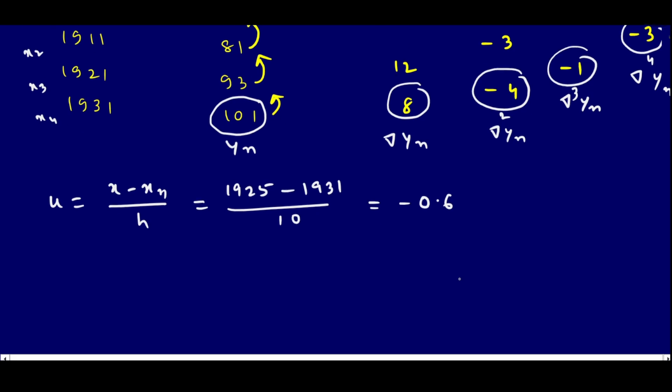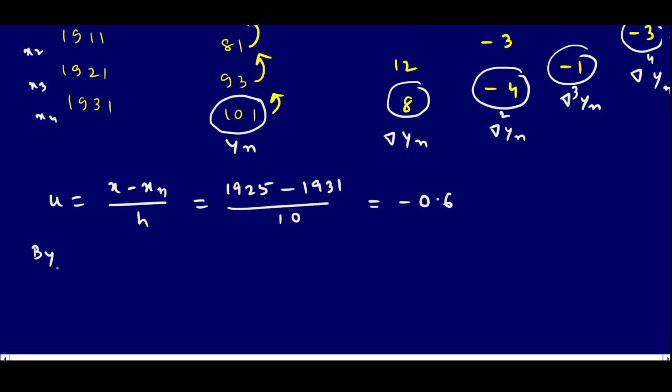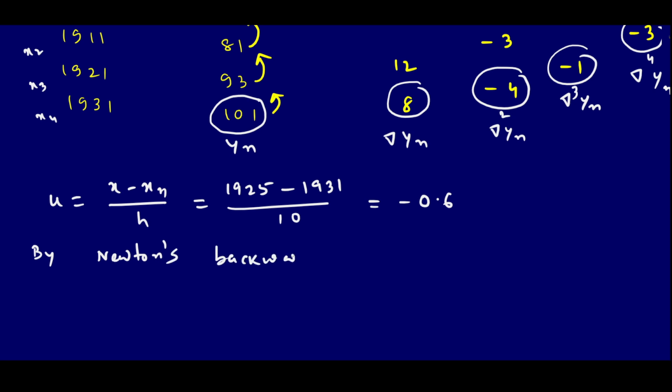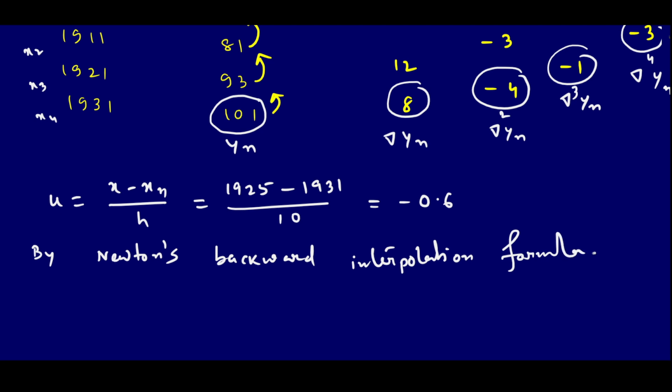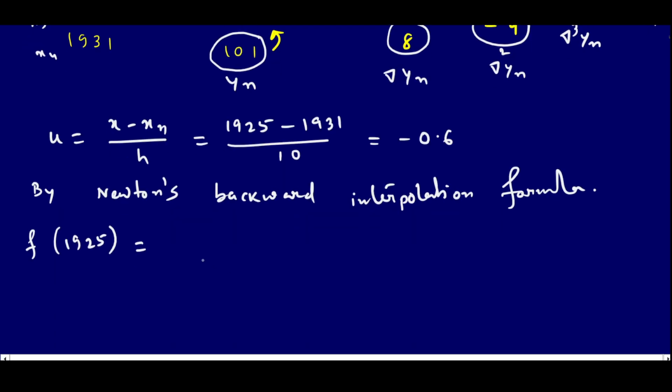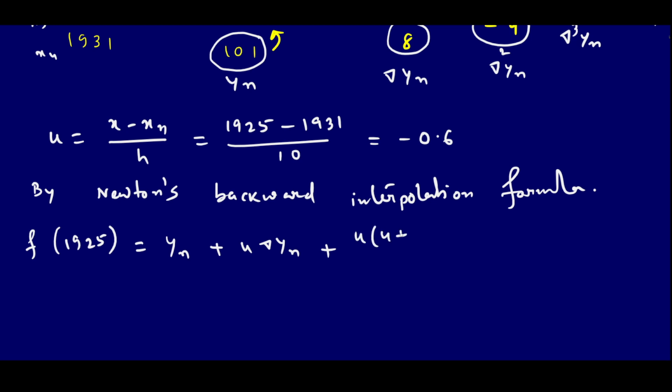Now let us apply Newton's backward interpolation formula. At what point do you have to find? 1925, so this is our x here. The formula is: first term is yn, then u nebula yn plus u into u plus 1 by 2 factorial nebula square yn.